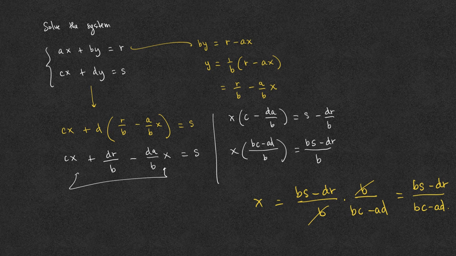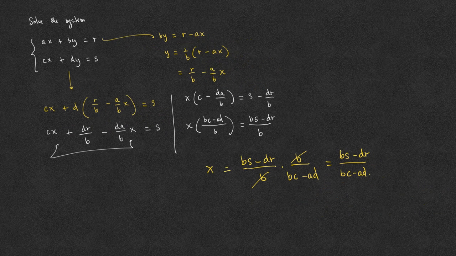This is x. Once we have x, we can use back substitution and find y. y is r over b minus a over b times x, but x is now bs minus dr over bc minus ad.